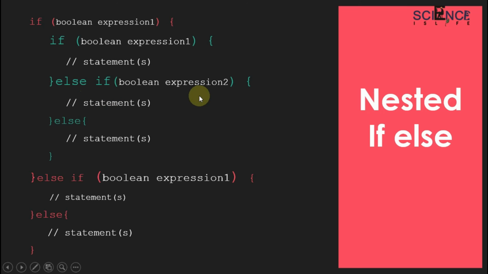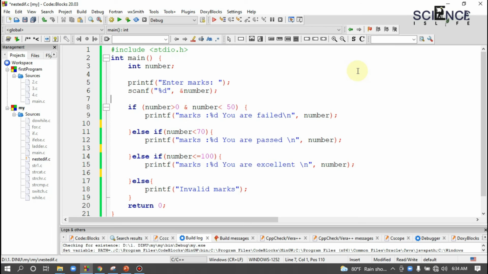Let's see how to use nested if else statements practically. So I am going to use several nested if else statements here. Before that I am going to create an integer variable called number. Then I am printing the enter marks message. Then I am allowing the user to input an integer value, and assign that value to my variable number.